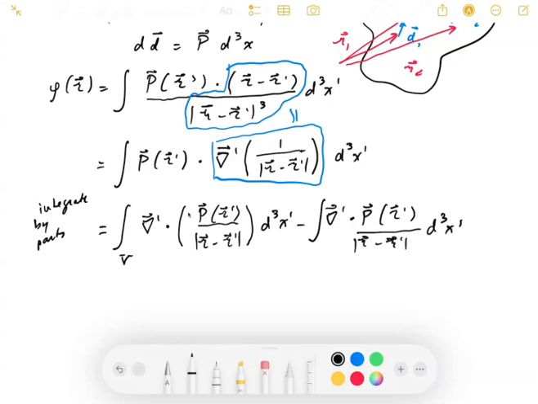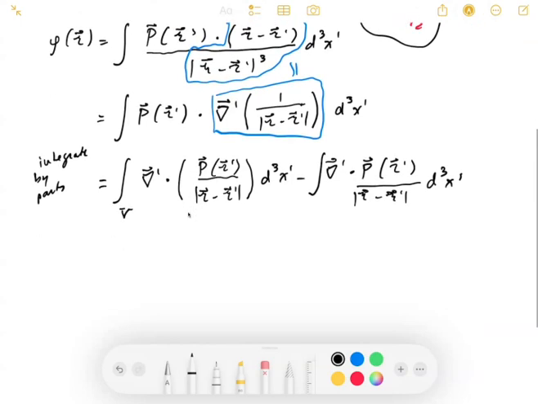Okay, now we can change this first part, because it's the divergence, right? So we can use that theorem that can change the divergence into a surface integral.